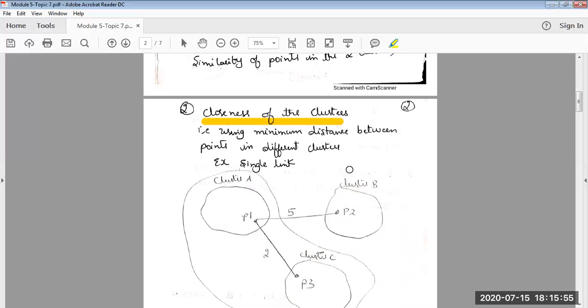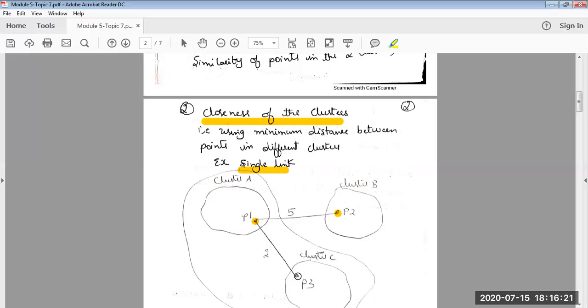The closeness of the clusters is determined by using single link. How single link works, we had already discussed in one of the previous sessions. We choose points on the clusters which have a minimum distance. For example, I have chosen point P1 within cluster A and point P3 in cluster C. How were these two points chosen?